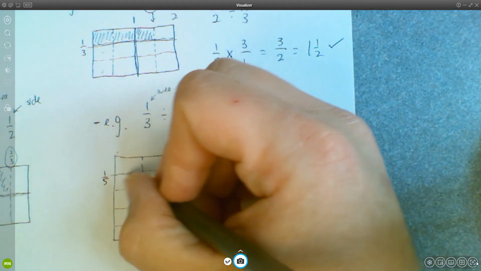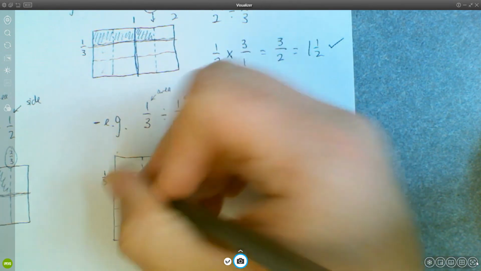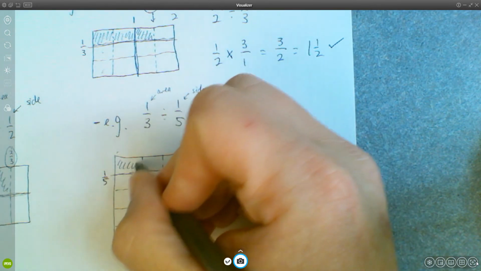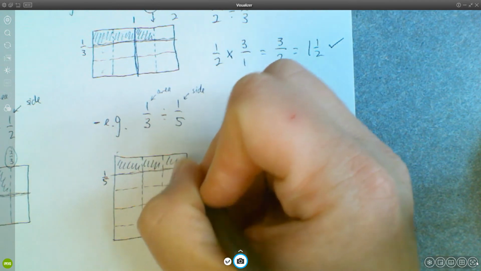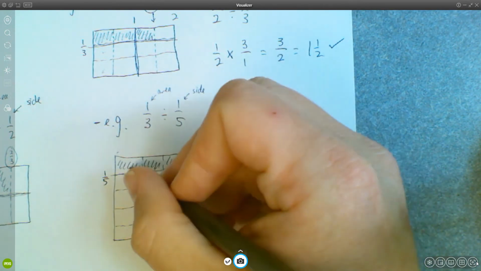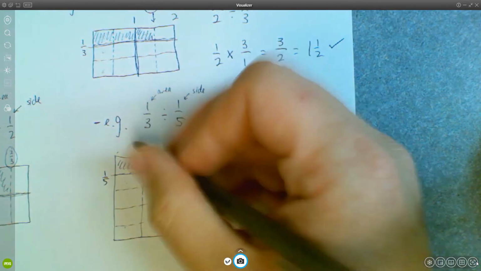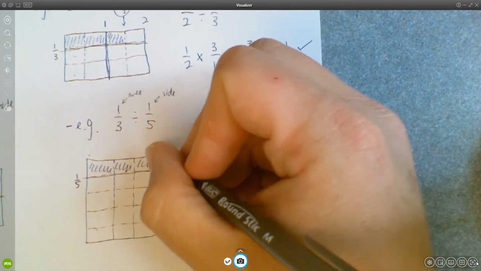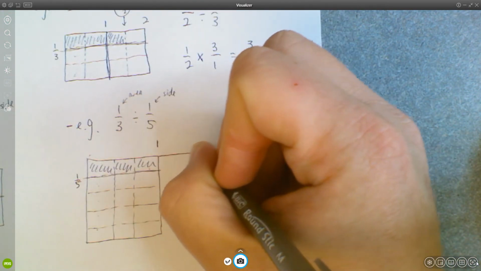But again, I'm not allowed to shade below this line. So if I take the entire fifth, well, that's only 3 pieces, and I need 1, 2, 3, 4, 5. I need 5 pieces, right? So what I need to do is hand myself another unit.